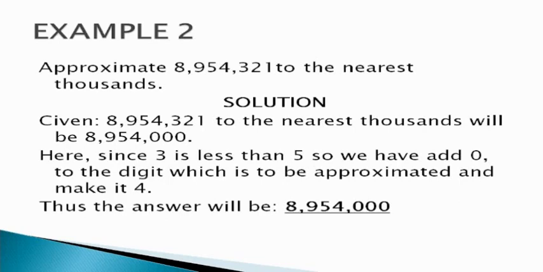Example number 2, we are also asked to approximate 8,954,331 to the nearest 1,000. So we are given that number, and we are asked to approximate it to the nearest 1,000.